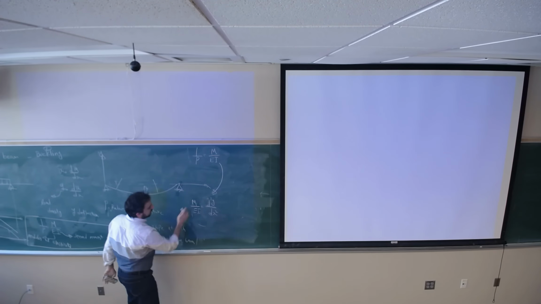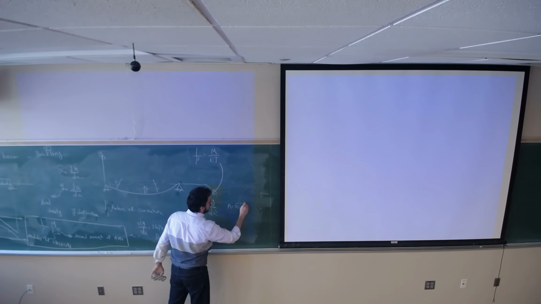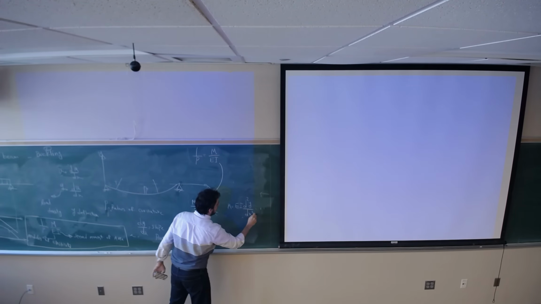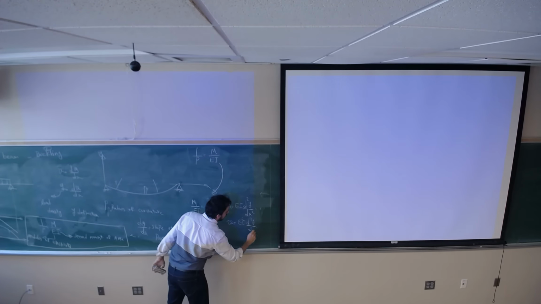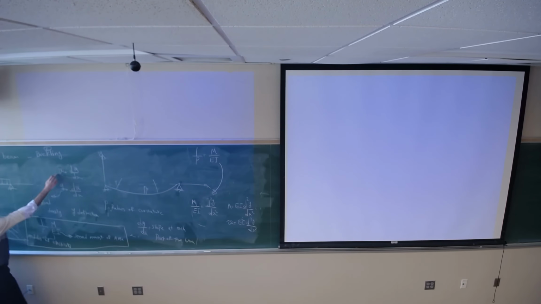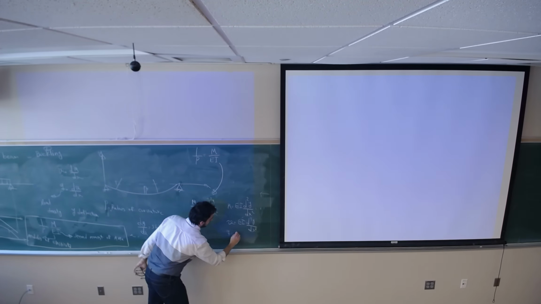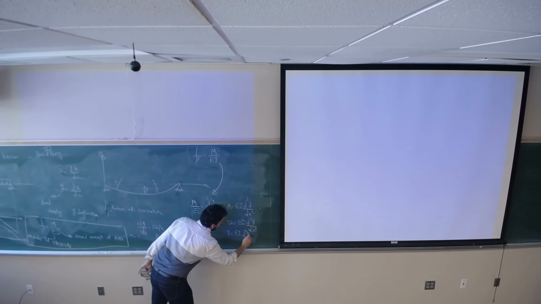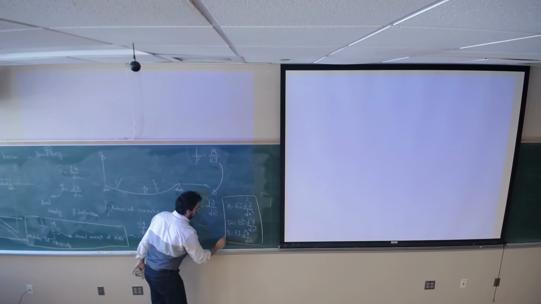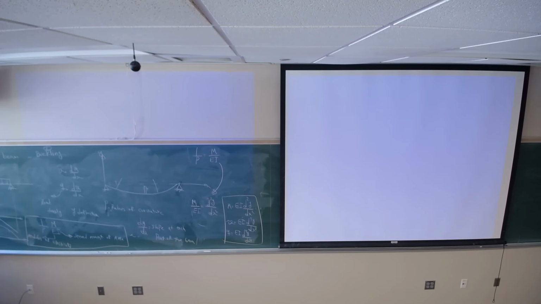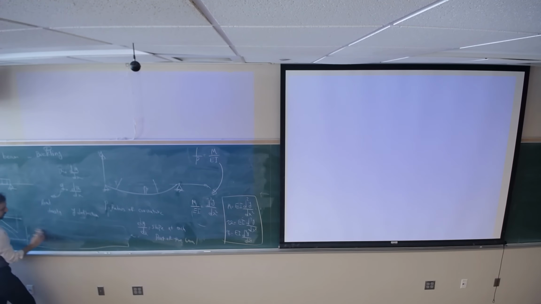So if I differentiate this, I get the third order derivative to get V. And if I want to get Q, I should differentiate V, which is going to give me the fourth order derivative with respect to x, which gives me the load density.